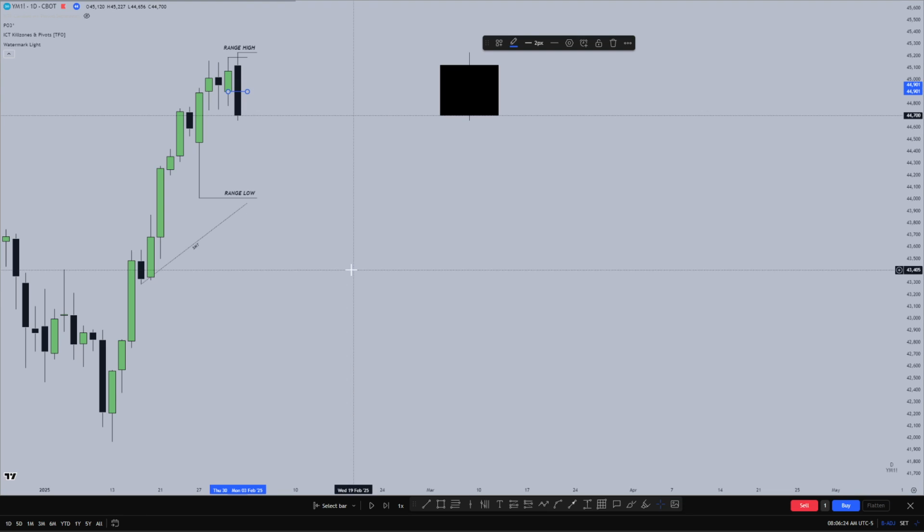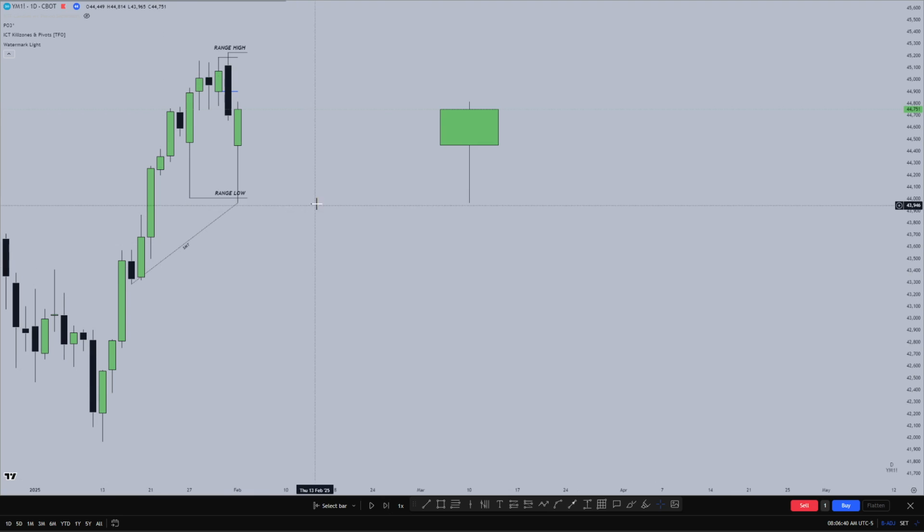There was enough framework for me to tell myself, okay, I can look for shorts on Monday, but then Monday opens directly here. I can't do anything.